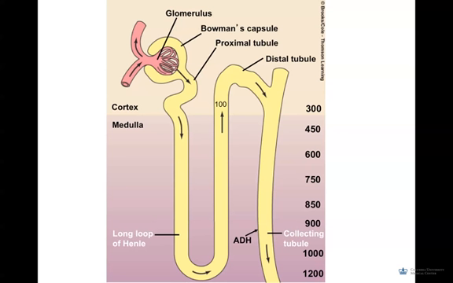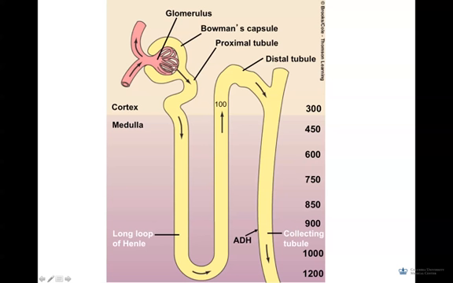So the urine, remember, as it's moving up the ascending loop of Henle, it's getting all of its sodium pumped out, so that the urine that leaves the ascending loop of Henle and enters the distal tubule has an osmolarity of 100 milliosmoles. If you remember, this number is familiar to us.